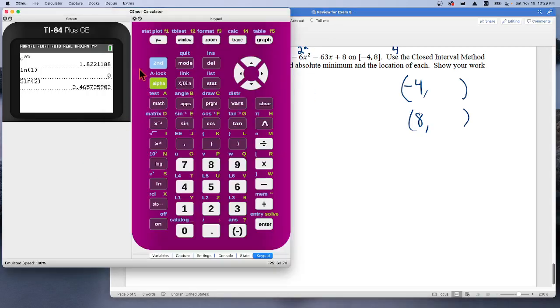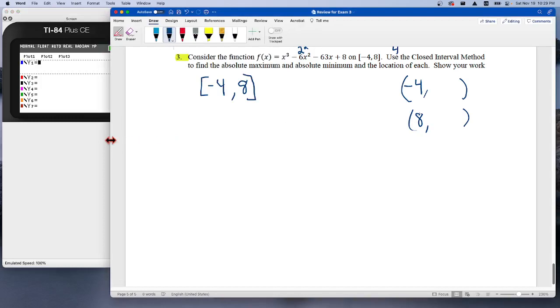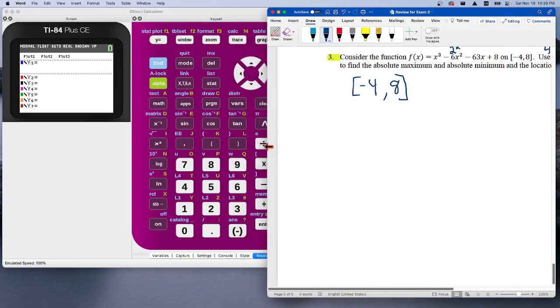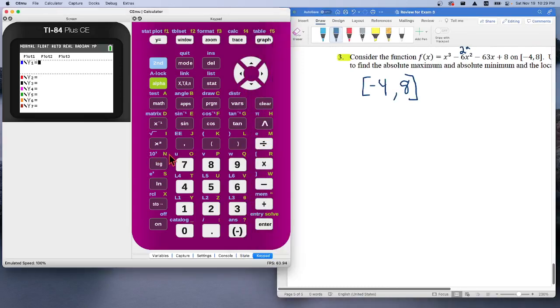So I'm going to come back here, I'll clear this out, and see if I can move this over a little bit so that the function's still showing. So we're going to go with x to the third minus 6x squared minus 63x plus 8.